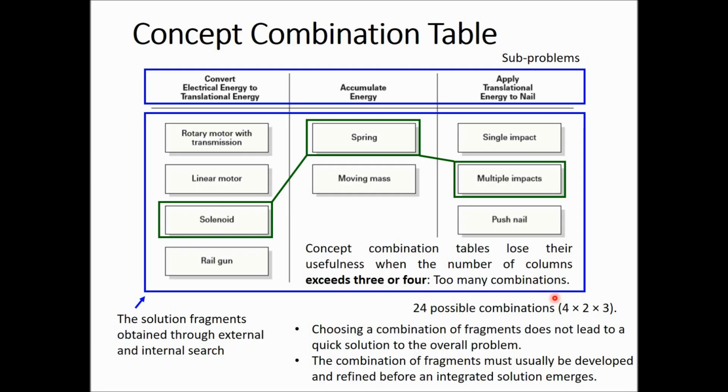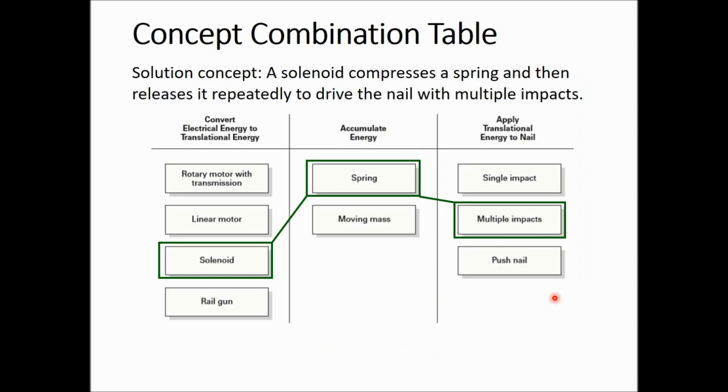Therefore, this combination table technique will become very ineffective if there are more than 3 or 4 columns. Therefore, it is very important during functional decomposition to consider only 3 to 4 subproblems for each category. Otherwise, the solution will not be feasible practically due to the large number of possible combinations.